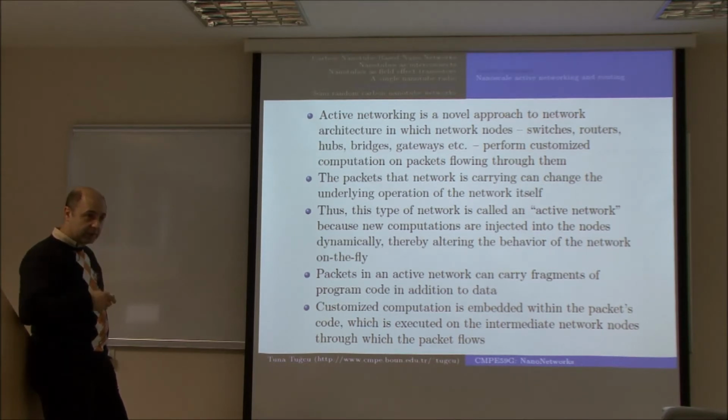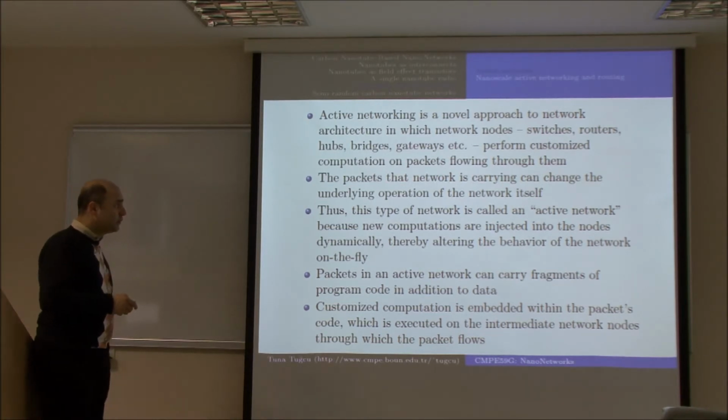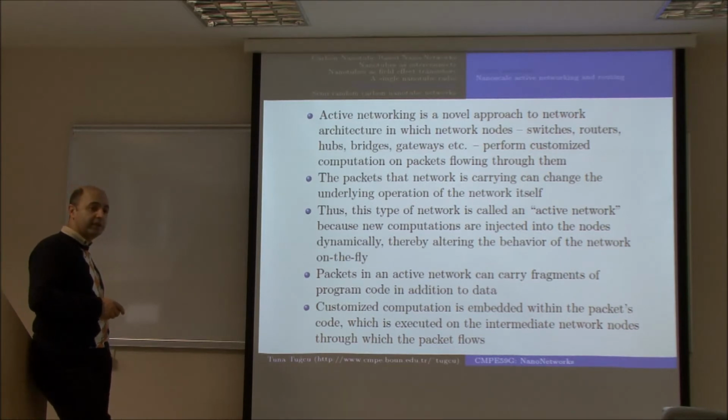This time, the packets are now carrying, in addition to regular data, regular information, they could be also carrying some, for example, code. And the code is being processed as the packet is being routed throughout the network. So the packets that the network is carrying can now change the underlying operation of the network itself, defined by that code inside the packets.